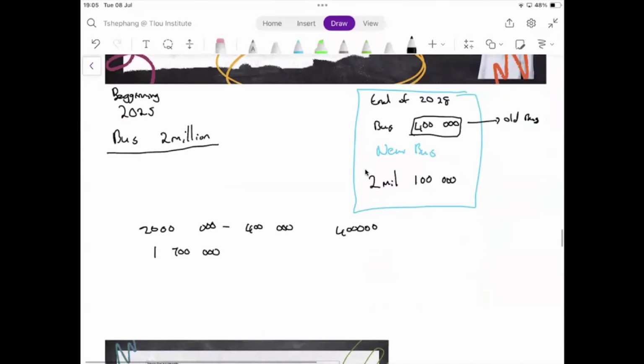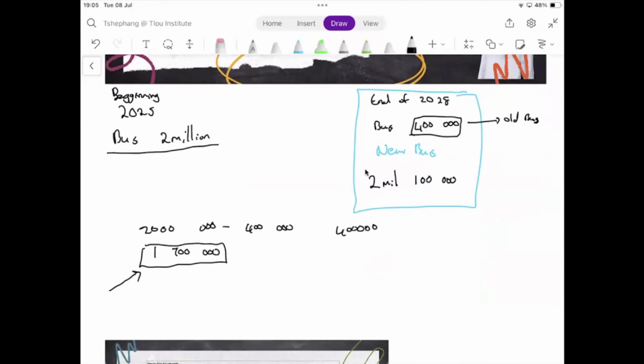Because we don't have this kind of cash lying around, we decided to open a savings account so that as our passengers are getting on the bus, some of the profit goes towards replacing this bus. Remember, it's 2,100,000. It's not just 2 million.